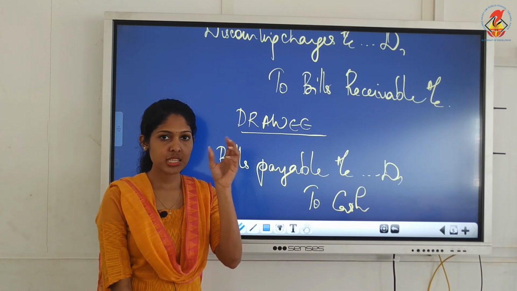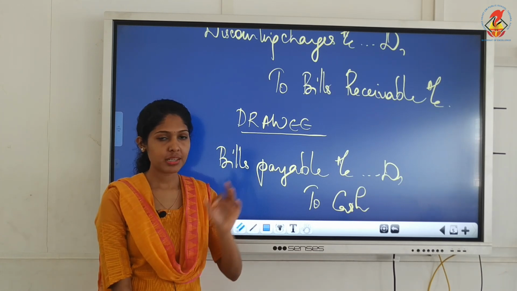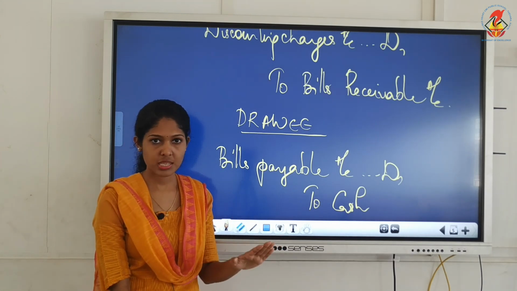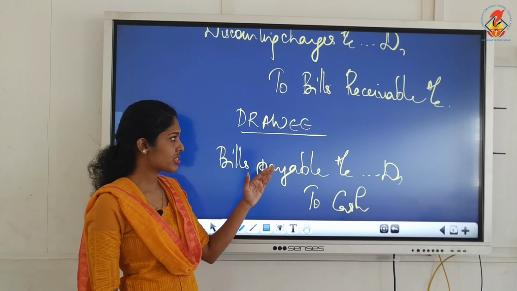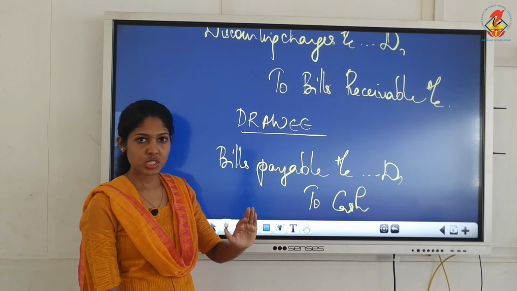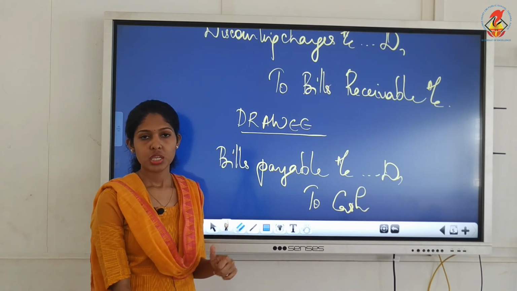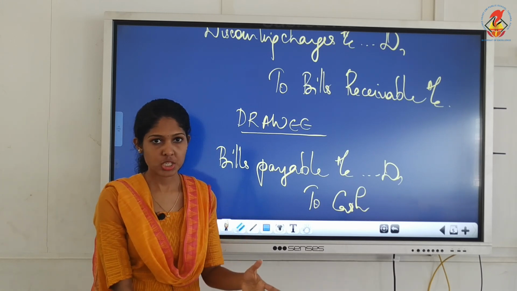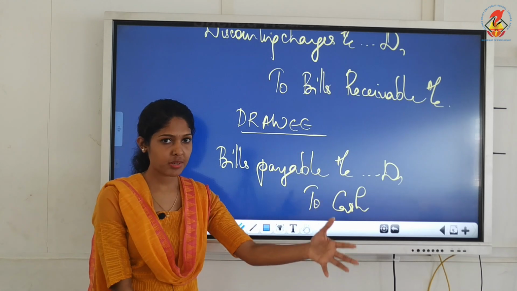That means the basic entry you remember. In the previous case in the books of drawee, we had a third entry, that is bills payable debtor to cash. When he makes the payment, it is the same. Understood? So you don't have to study anything extra for drawee's books. It is the same thing. For discounting of bill, he is not having any connection because Rahul is not involved in that transaction.